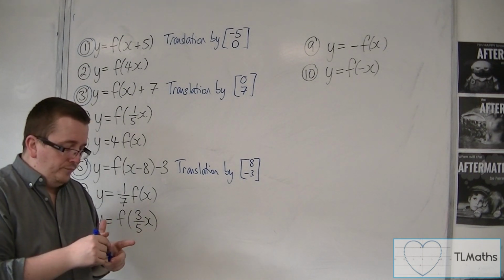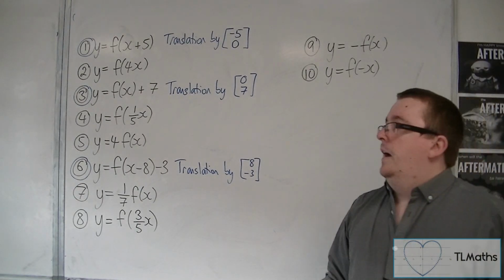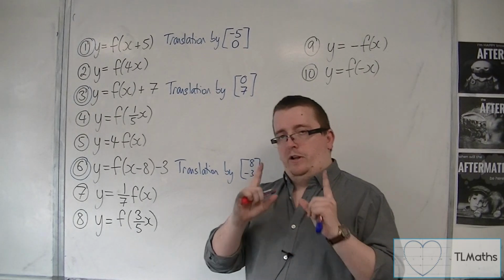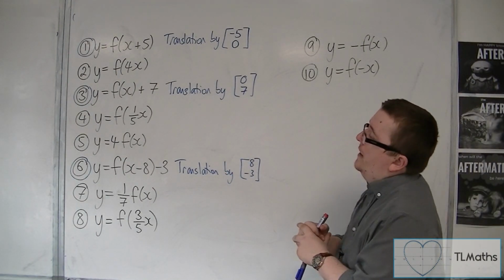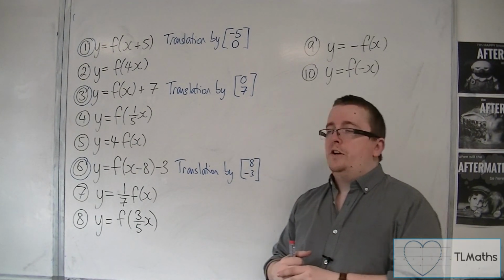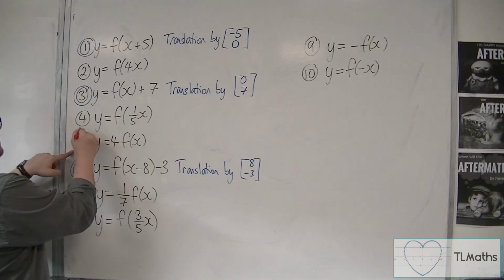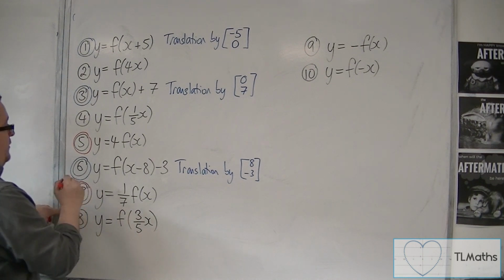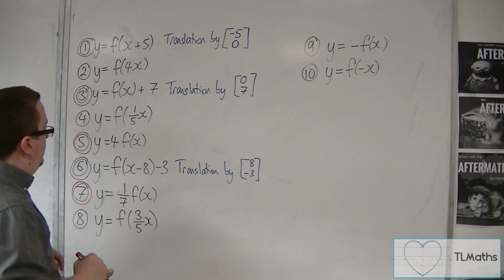Okay, so let us identify which are stretches in the y, parallel to the y-axis first. So if it's parallel to the y-axis, then the factor has to be outside of the function. So that would be this one, number 5, and number 7. So these are both stretches parallel to the y-axis.